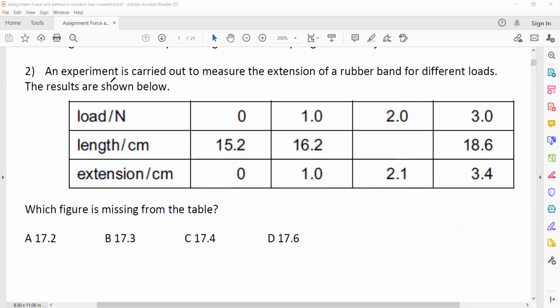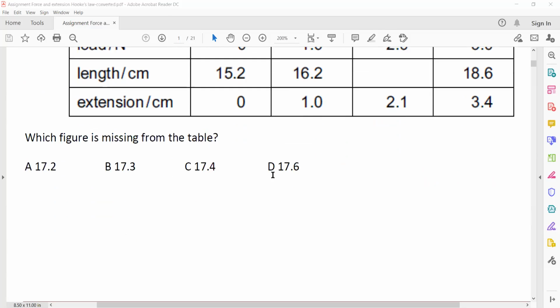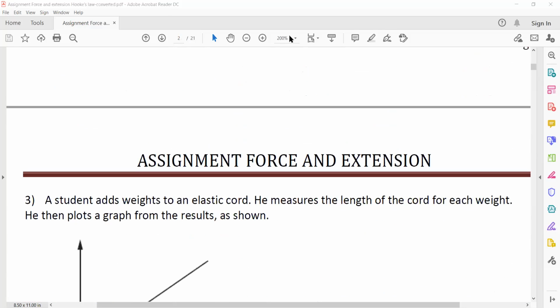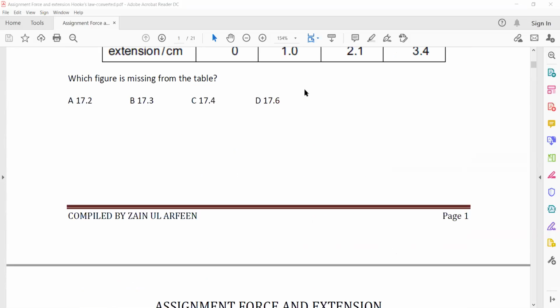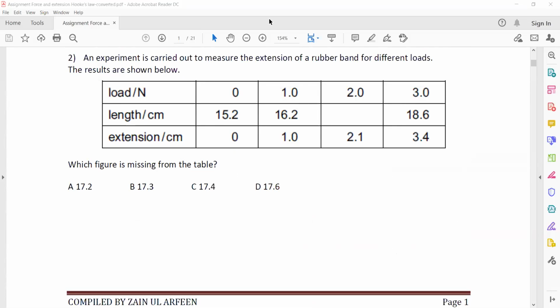Any doubt in this? Look, in this question we have to complete the missing value. We need a length.